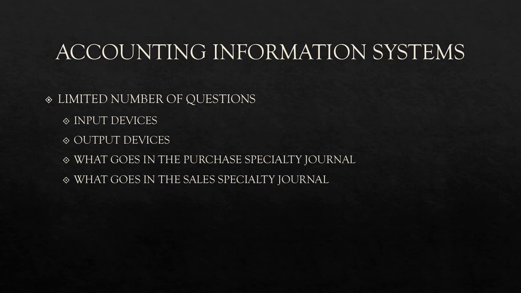If it says something about you paid cash or you received cash, then it would not go in the purchase journal. It would not go in the sales journal because those things go into the cash receipts or the cash disbursements journal. But anyway, probably not more than 2 to 4 questions here.